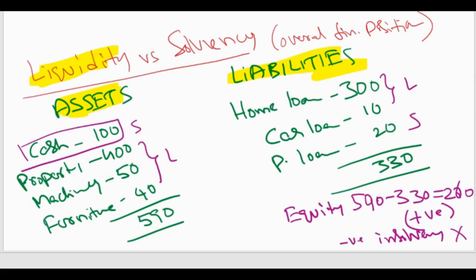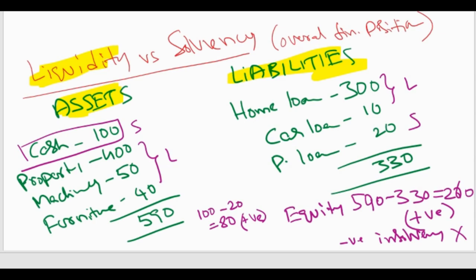You have cash of 100 asset minus personal loan, which is 20. So you are in better position, right? Positive value. But if it is in reverse, then you will be in trouble. So this is the overall financial position with respect to liquidity versus solvency.